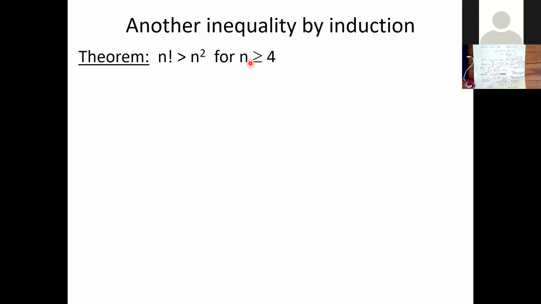We start at 4, but that doesn't really change anything fundamentally. We're proving stuff for all integers starting at some point. The other change is that you're not proving equality of two expressions, but inequality, that this expression is always greater.